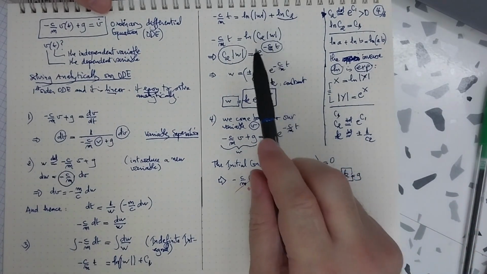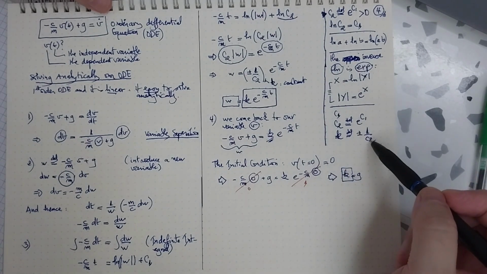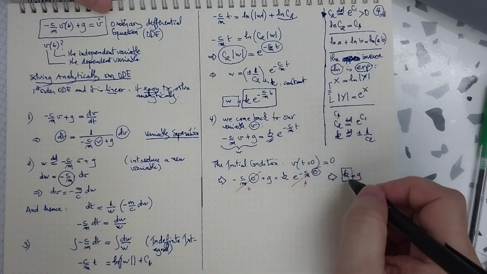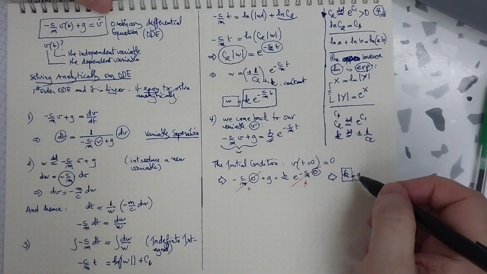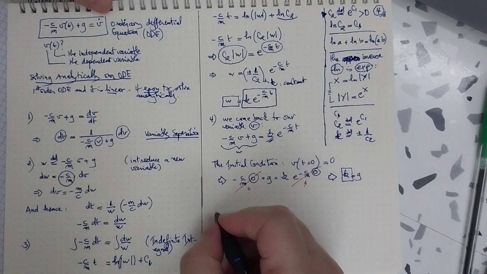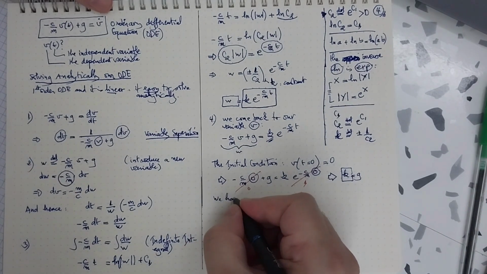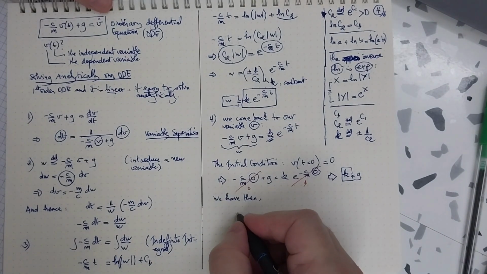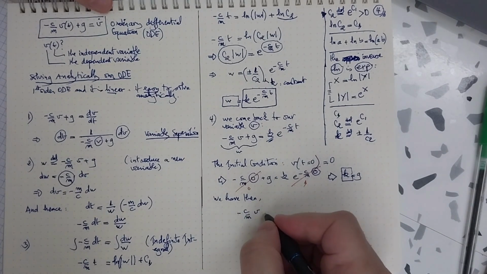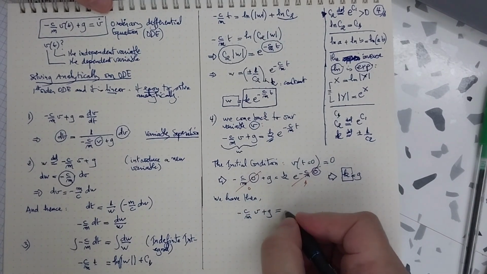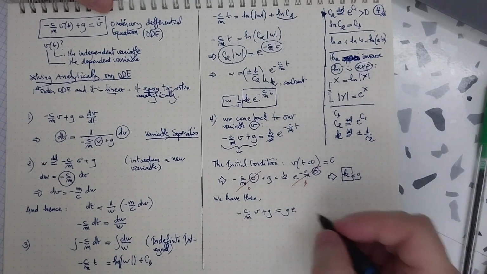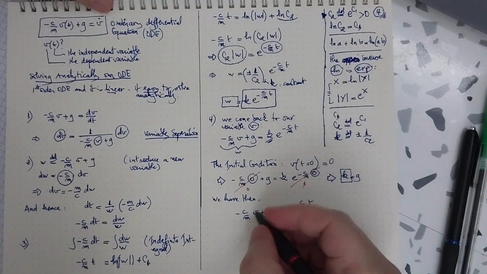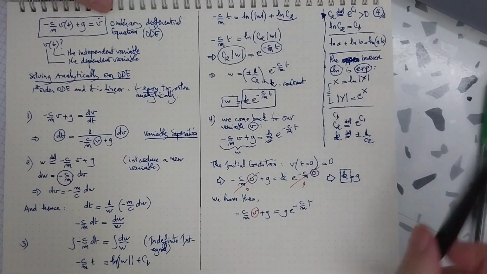We didn't know before, it can be plus or minus a constant, but in our case, because of the initial condition, it is positive and it is equal to G. So we replace it again. We have minus Cm V plus G equal G, no K anymore, minus Cm, and we solve for V. It's very simple.